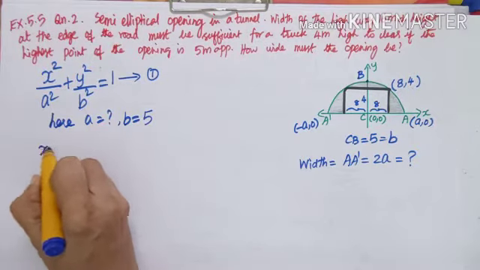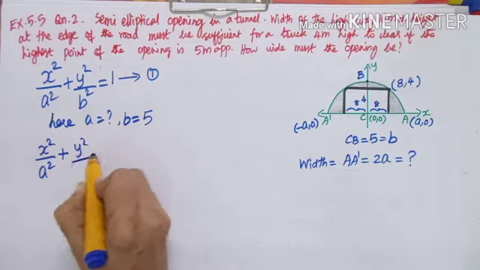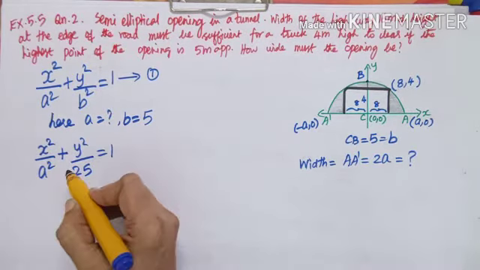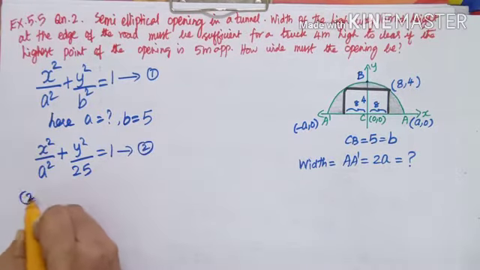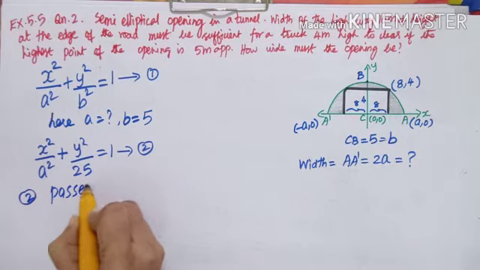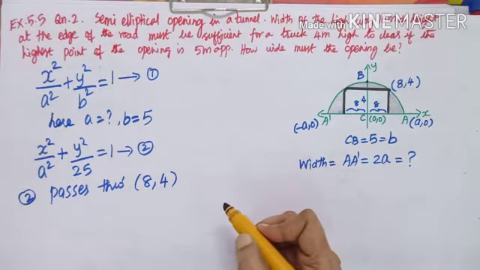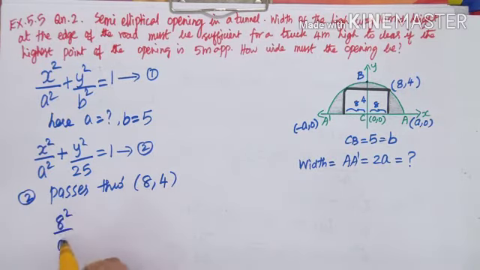Substituting 5 here, x square by a square plus y square by 25 is equal to 1. Call this equation 2. Equation 2 passes through the point 8, 4. What does it mean? Wherever x comes 8 and wherever y comes 4, it equals 1.